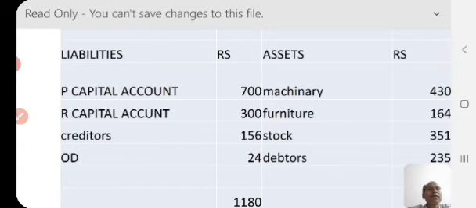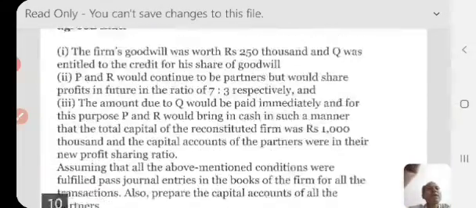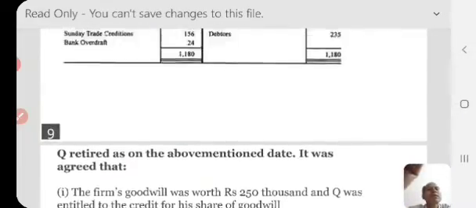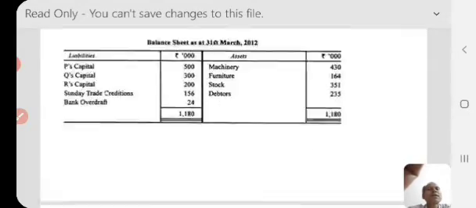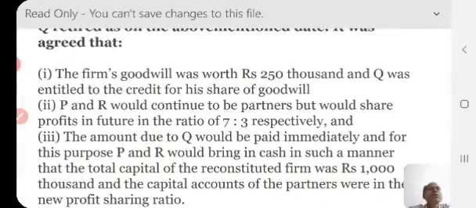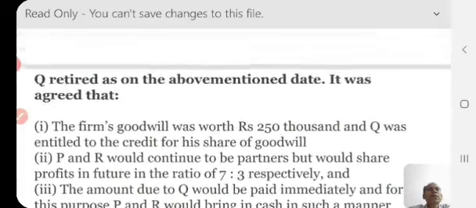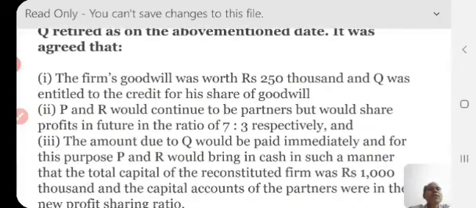Okay, so in this problem Q retired, and goodwill is valued at rupees 250.